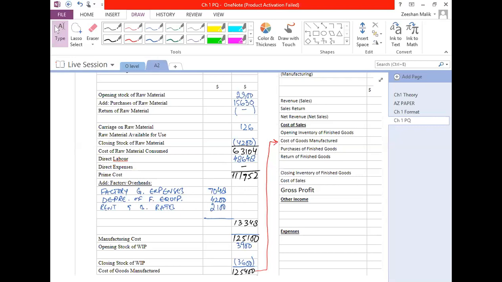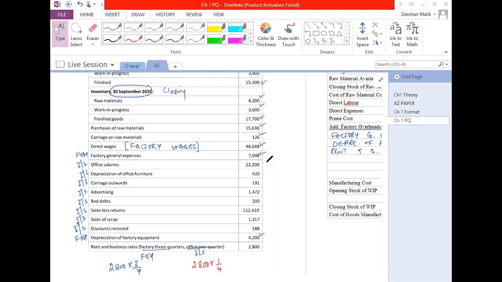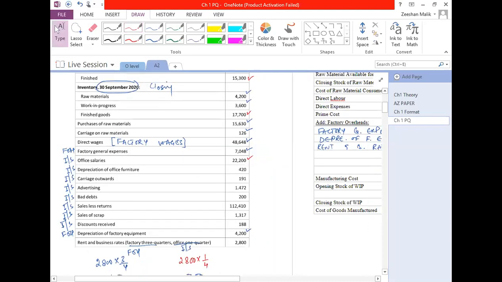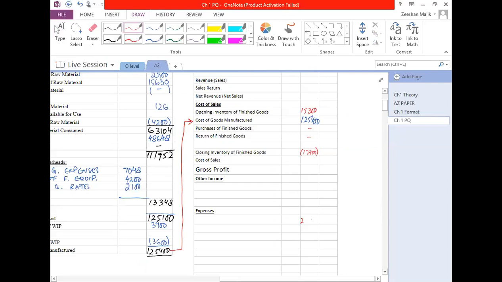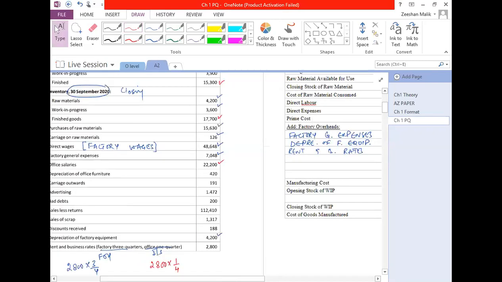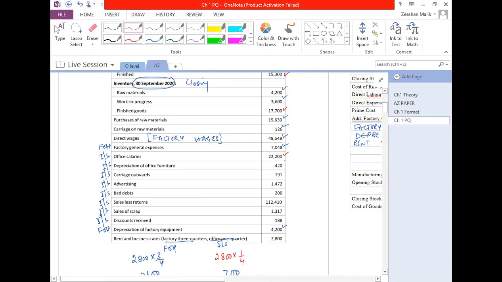Now all expenses. Office salaries 22,200. Next, depreciation 420. Carriage outward 121.